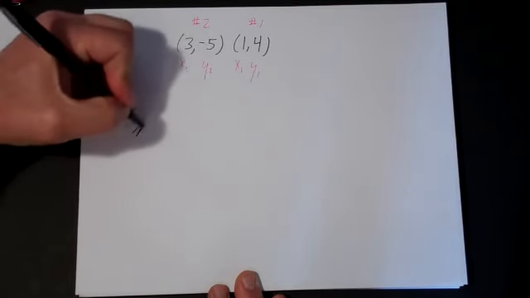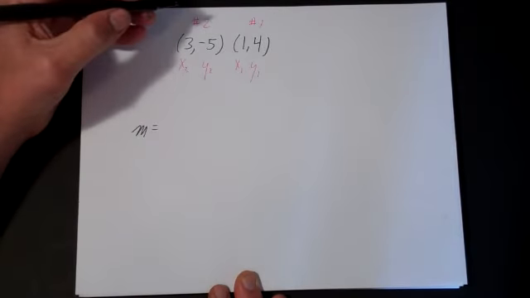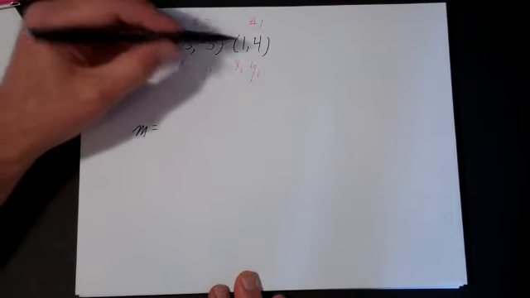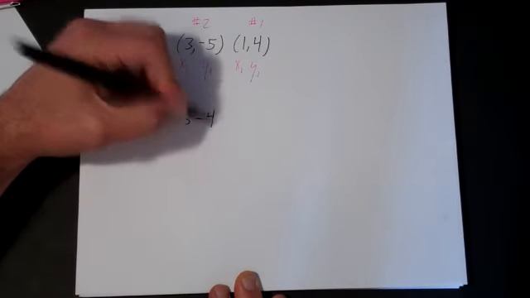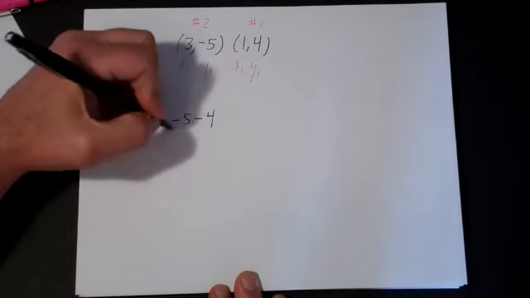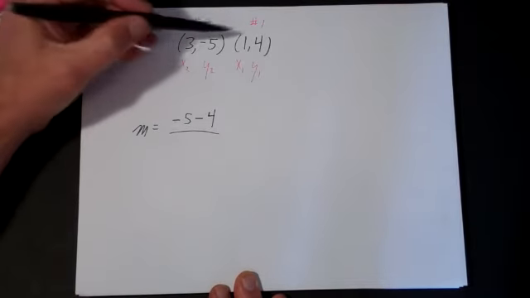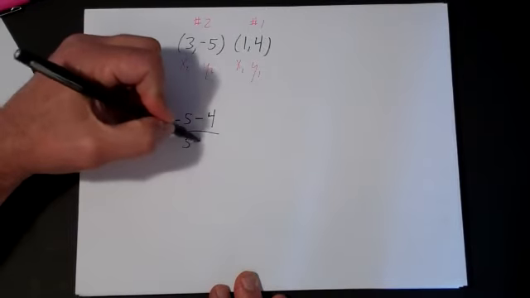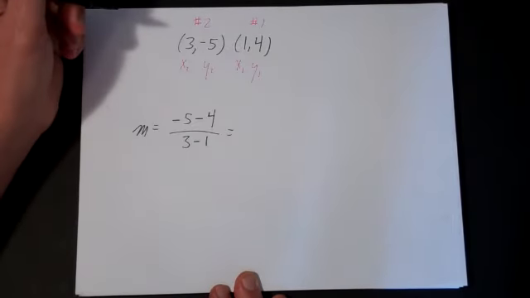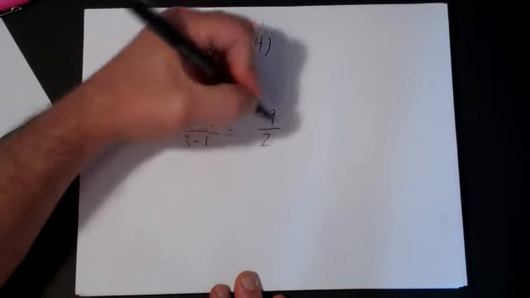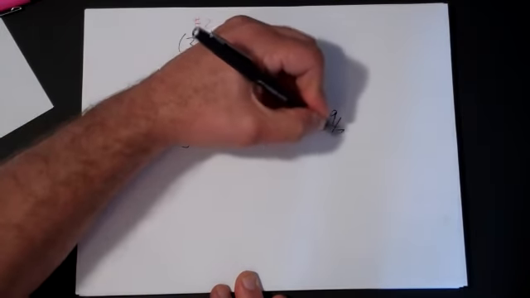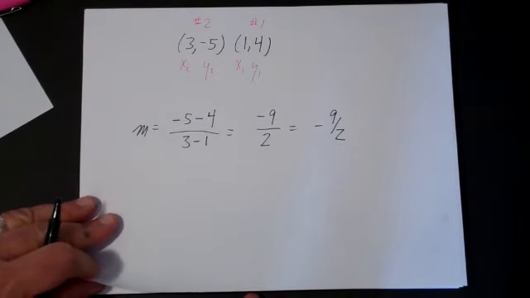If you have m, let's see, you have y2 minus y1, that's 4 minus minus 5, or 4 plus 5, over 3 minus 1. 5 minus 4 would be a minus 9. 3 minus 1 is 2. So you get a slope of minus 9 halves. So you get exactly the same answer.